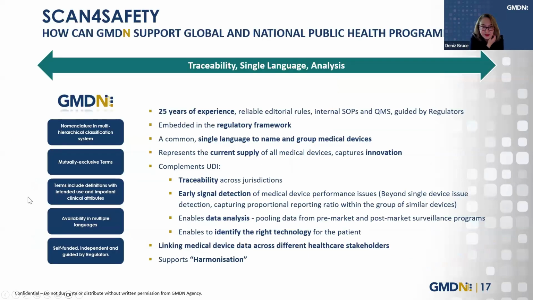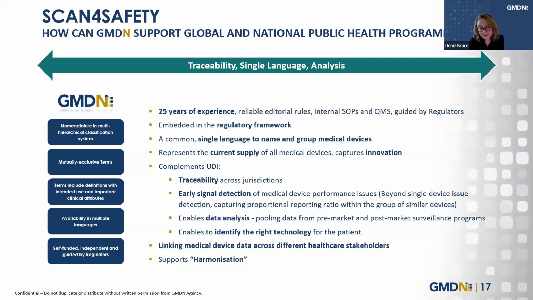So, as GMDN, we support global and national public health programs. Traceability, a single language, and enabling analysis are the main features. It is embedded in the regulatory framework. A single common language is important when we're talking about grouping medical devices.